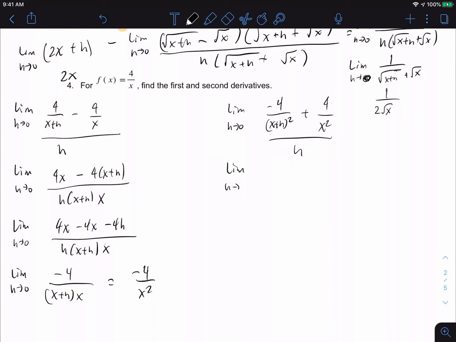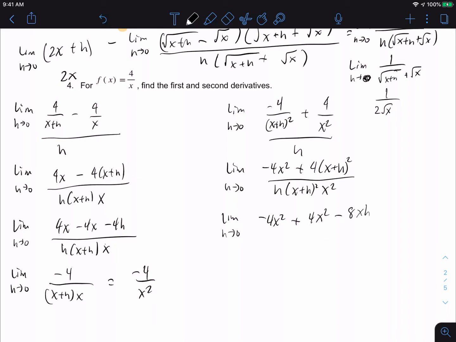So the limit as h goes to 0 of negative 4 over x squared plus 4 over x plus h squared, all over h times x plus h squared x squared, is going to give me the limit as h goes to 0 of negative 4x squared plus 4x squared minus 8xh plus 4h squared, all over h times x plus h squared x squared.